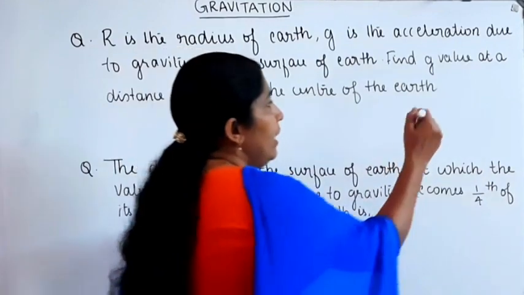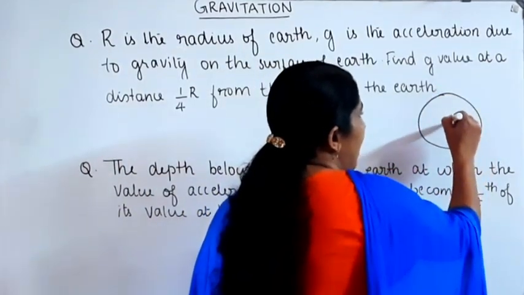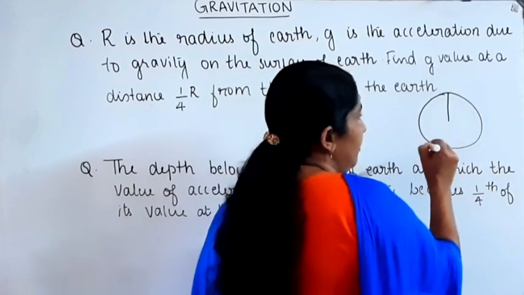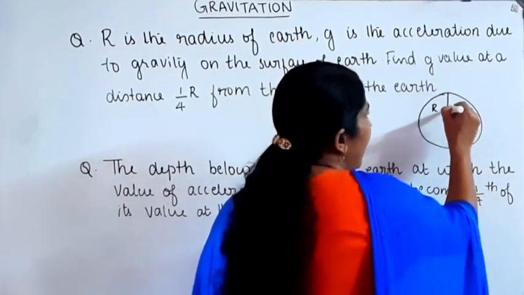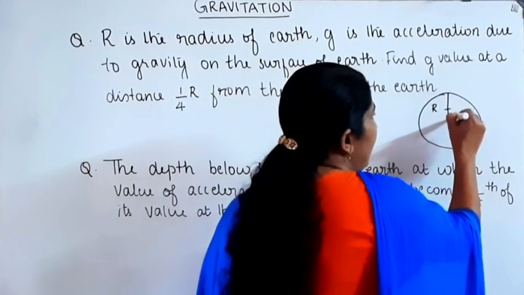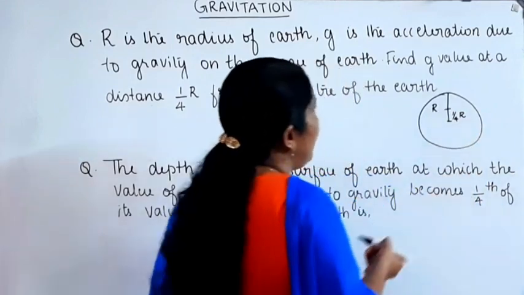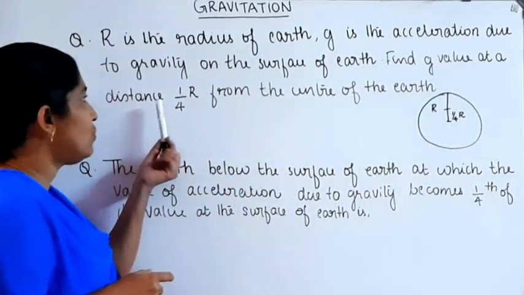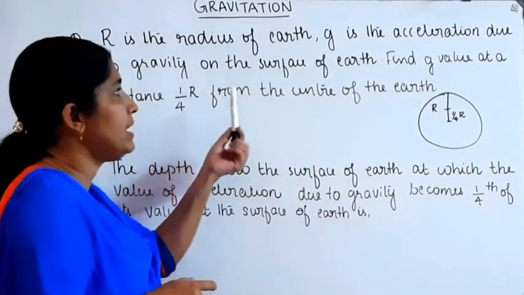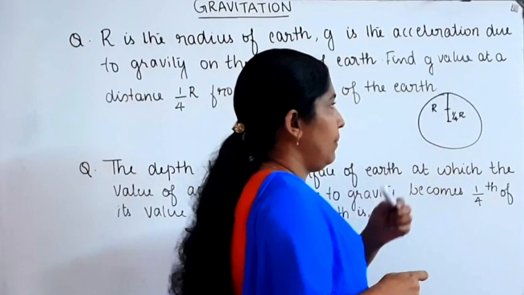Here, the distance is 1/4 R from the center of the earth.